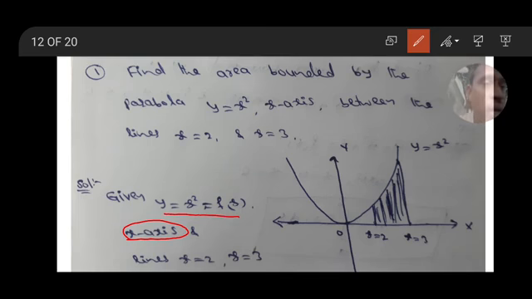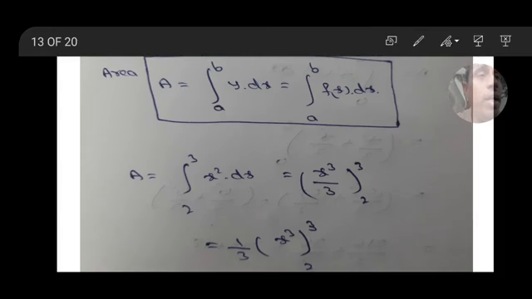If you look at the diagram, y equal to x square is a parabola like this, with the line x equal to 2, the line x equal to 3, and the x axis. This is the area, the region we need to find. Since it is bounded with the x axis, the formula is integration a to b of y dx, or integration a to b of f of x dx.